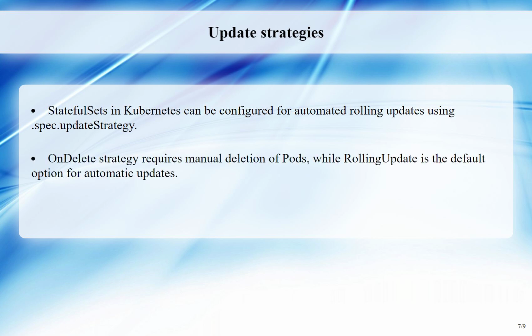When .spec.updateStrategy.type is set to OnDelete, the StatefulSet controller will not automatically update pods, requiring users to manually delete pods to reflect changes made to the StatefulSet's template. On the other hand, the RollingUpdate strategy automatically implements rolling updates for pods, making it the default option. This allows for smooth and controlled updates across the StatefulSet.